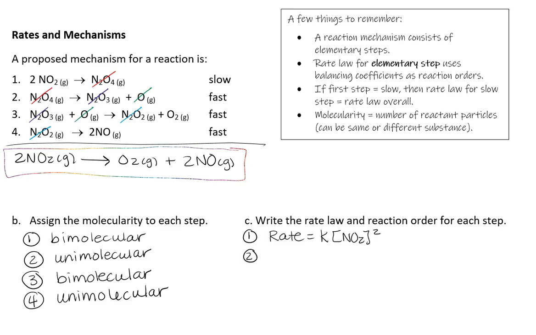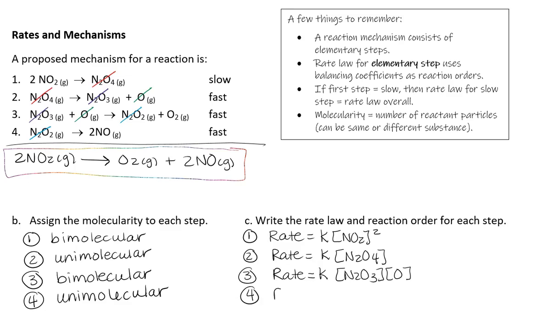For reaction 2, rate equals k times concentration of N2O4. Reaction 3, we have rate equals k times N2O3 times oxygen. And for reaction 4, we have rate equals k times N2O2.